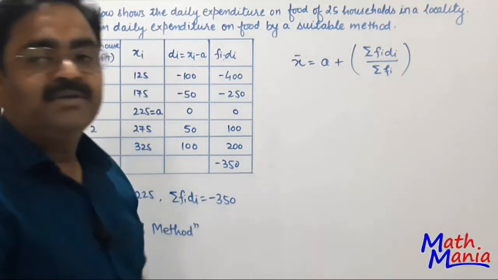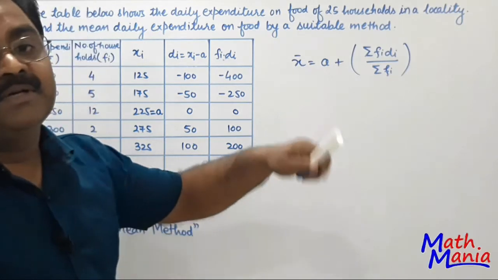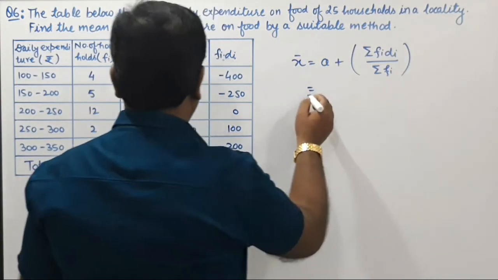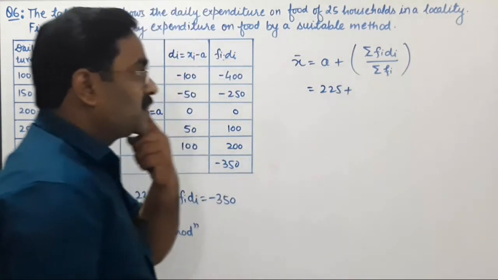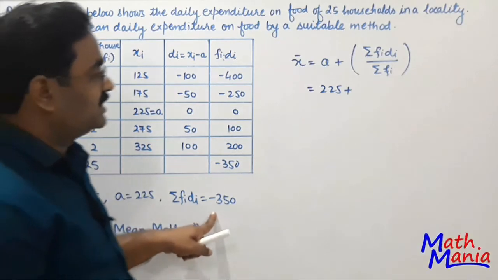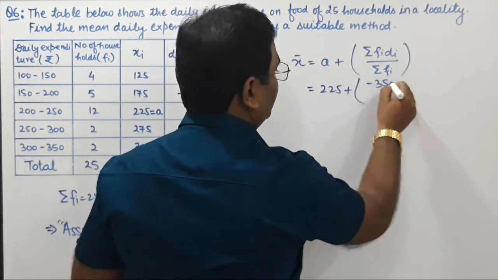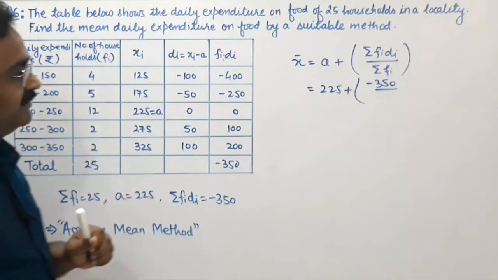This is the formula to find the mean from the assumed mean method. Now substitute the values. A is 225 plus sigma Fi di is minus 350 divided by sigma Fi, which is 25.